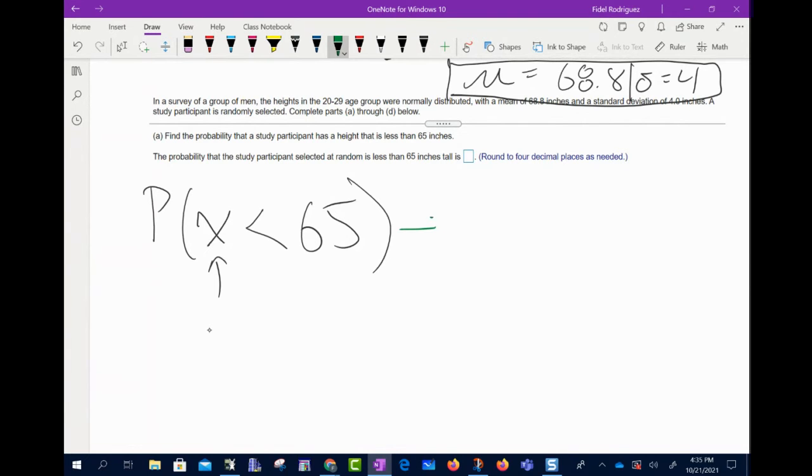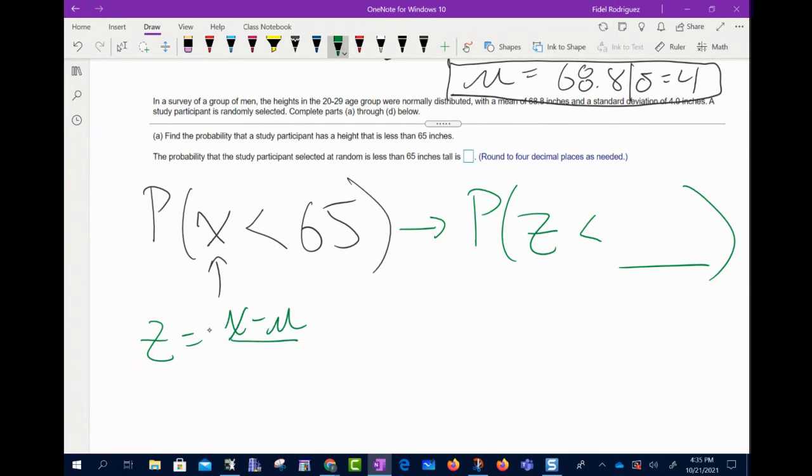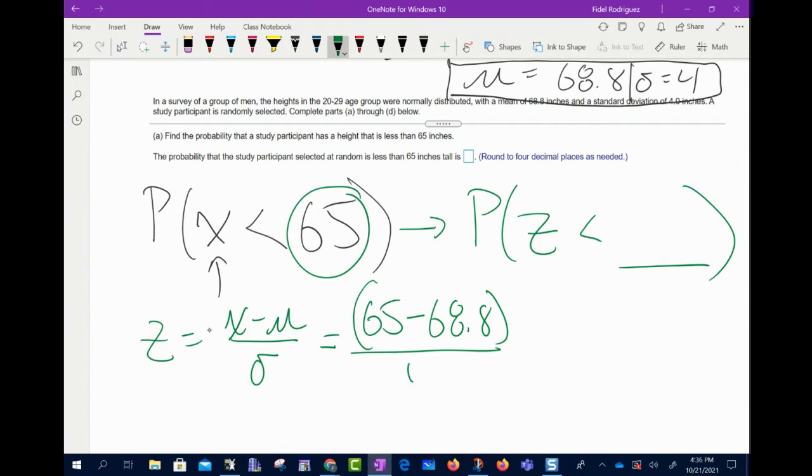So what we want to do here is convert this to a probability where we can say Z is less than something else. The way we're going to do this is we're going to use X minus mu over sigma. So our X in this case is 65 minus 68.8. Remember, that goes in parentheses, and we're going to divide that by 4.